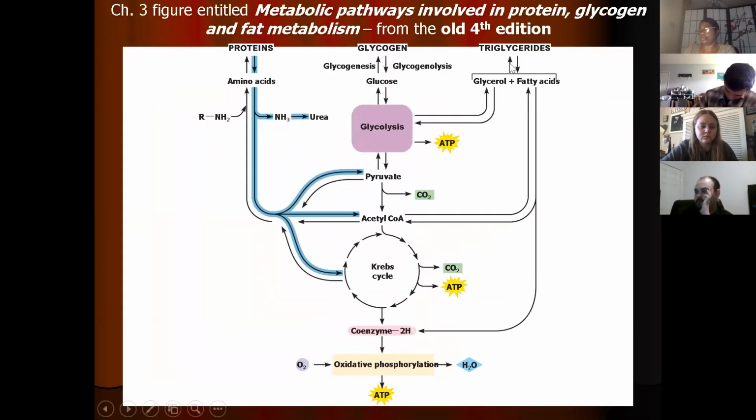In this figure from the 4th edition, that would be over here in the blue arrows on the left. Pyruvate, acetyl-CoA, or the keto acids of the Krebs cycle. And boom, you can make ATP based off the initial framework of the 3 steps: glycolysis, Krebs, and ETS.